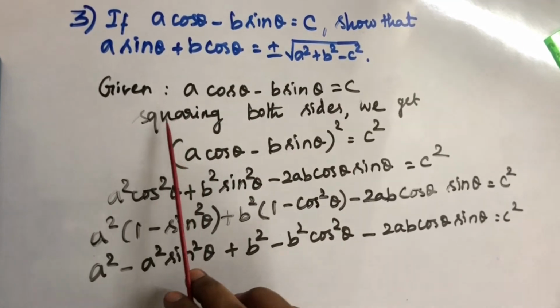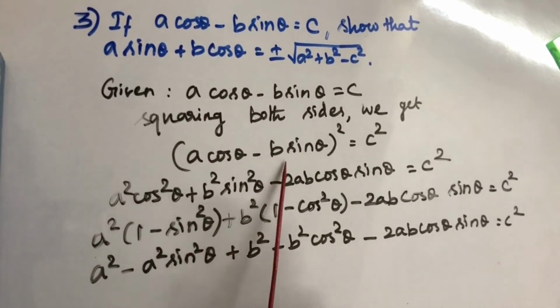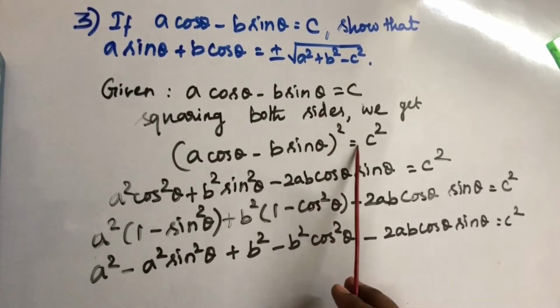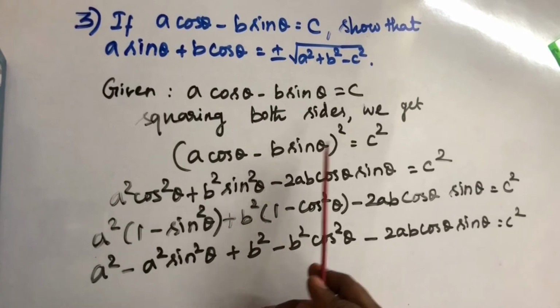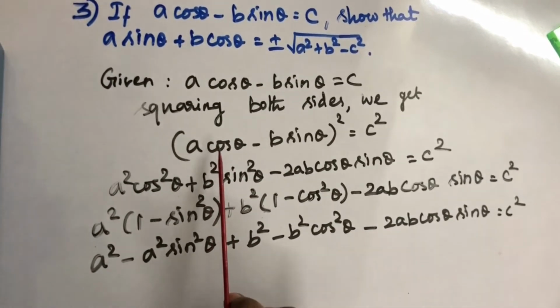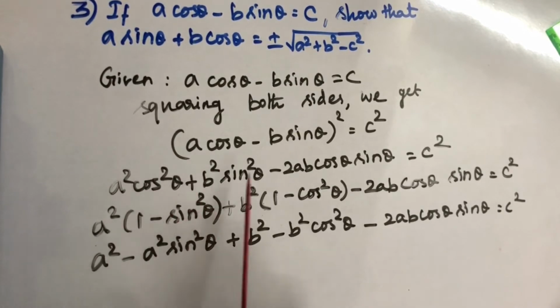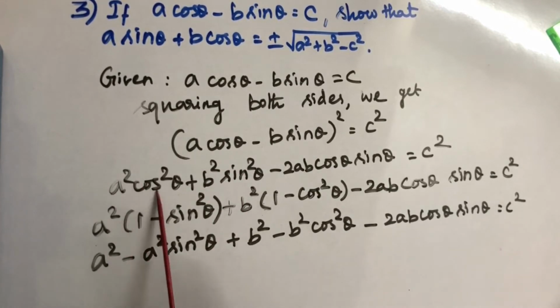So we have to square. On squaring both sides, we get A cos theta minus B sin theta the whole square is equal to C square. It is in the form A minus B the whole square in that identity. So how will you expand that? A square plus B square minus 2AB. In the place of A, we have A cos theta, so it is A square cos square theta.